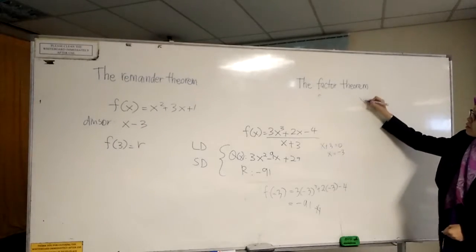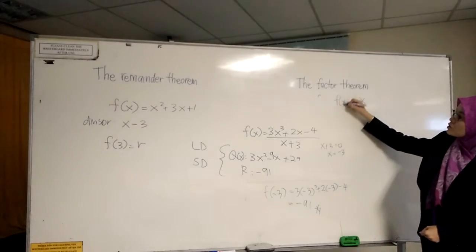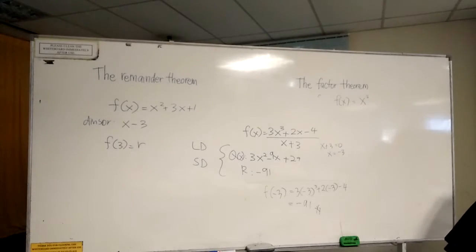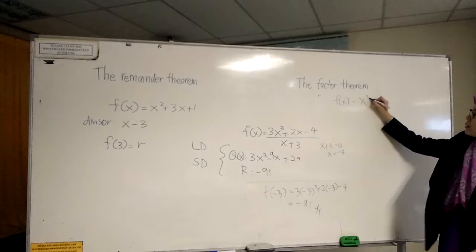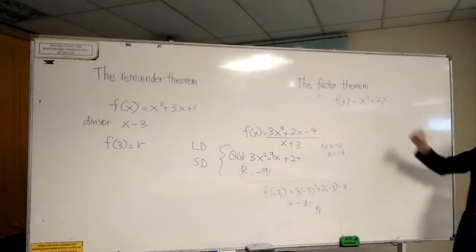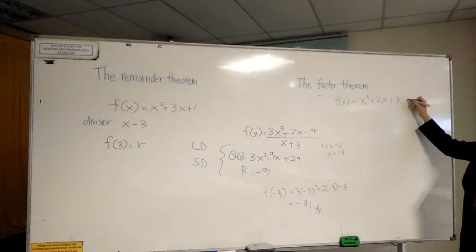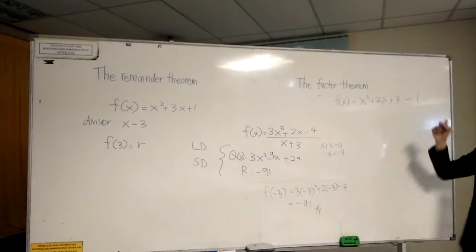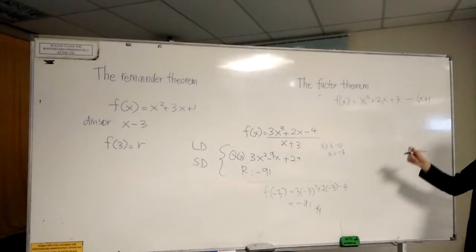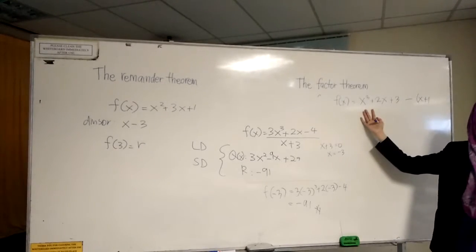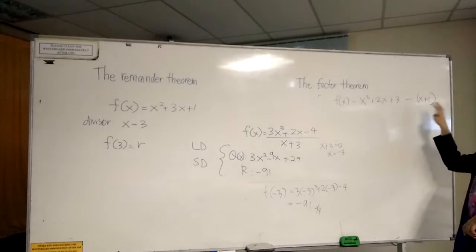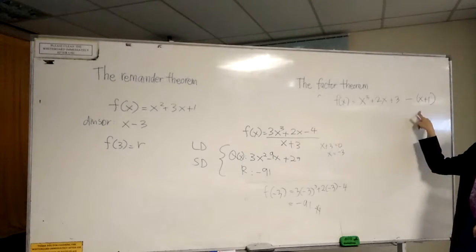We have the polynomial f(x) equals x cubed plus 2x plus 3 and the divisor is x plus 1. You see now you have the polynomial and a divisor, and your divisor is a linear equation.